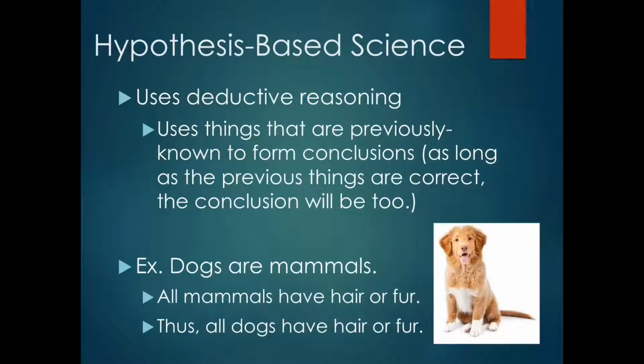And another thing we know is that all mammals have some type of hair or fur. So with the fact that we know dogs are mammals, and we know that mammals have some type of hair or fur, well then we can make the conclusion that all dogs have hair or fur. So hypothesis-based science is taking information that you know on the topic and using that to make a conclusion.